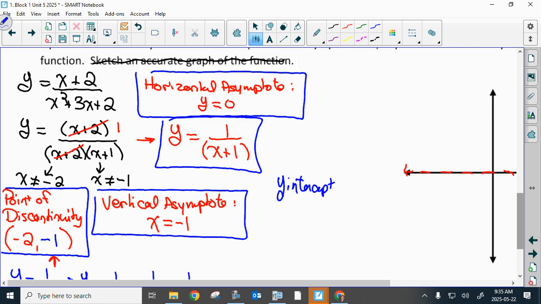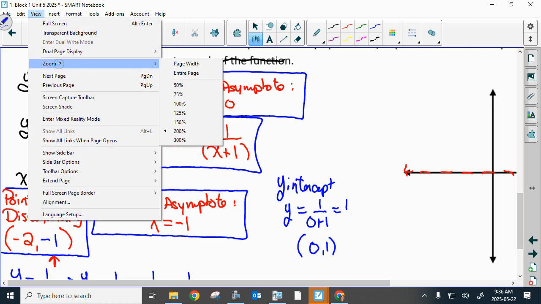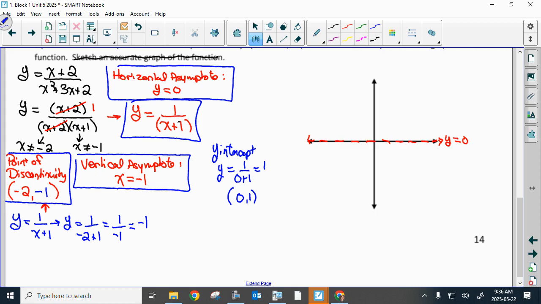You can take this equation, or you can take this one. For your y-intercept, put 0 in for x, and you get y is equal to 1 over 0 plus 1, which is 1, and you write it as (0, 1). So this is not a huge stretch, right? My horizontal asymptote is y is equal to 0.